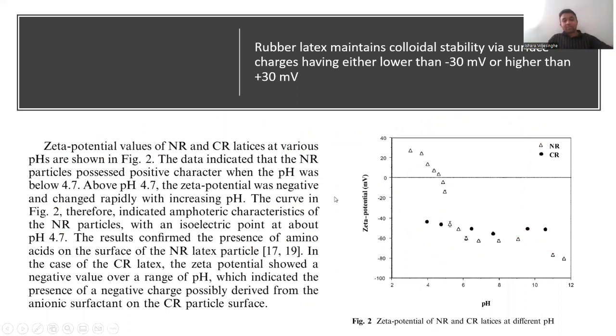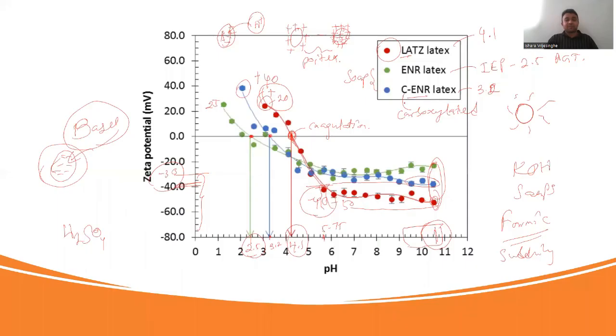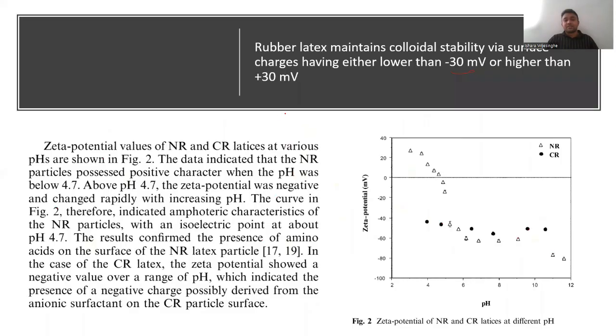I think you can remember I marked minus 30 in the previous graph. See, rubber latex maintains colloidal stability if the surface charge is either lower than minus 30 or higher than plus 30.